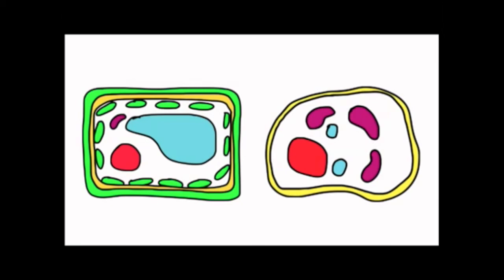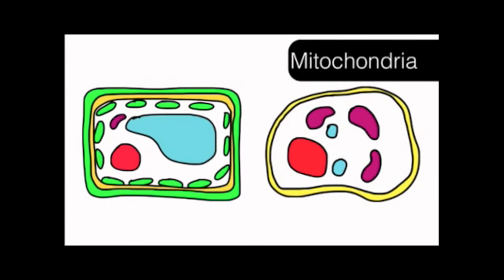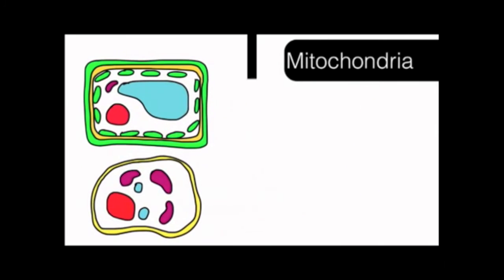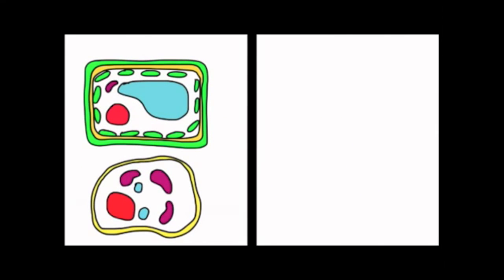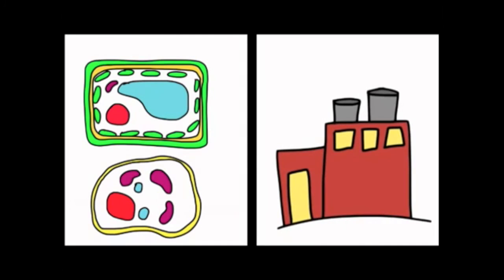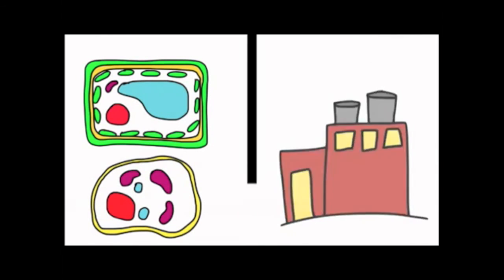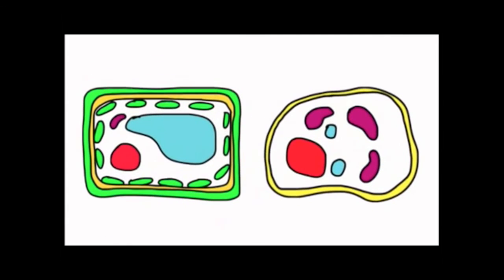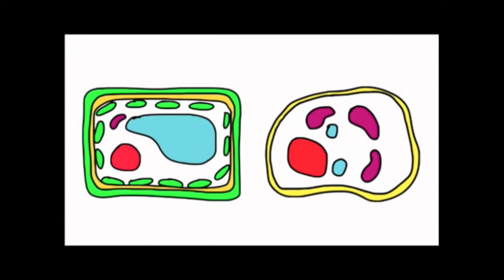The mitochondria is an organelle that takes nutrients in, breaks them down to produce energy for the cell in the process of cellular respiration. You can think of the mitochondria as the powerhouse of the cell because it makes energy. Although mitochondria are found in both plant and animal cells, the majority of mitochondria will be found in animal cells.